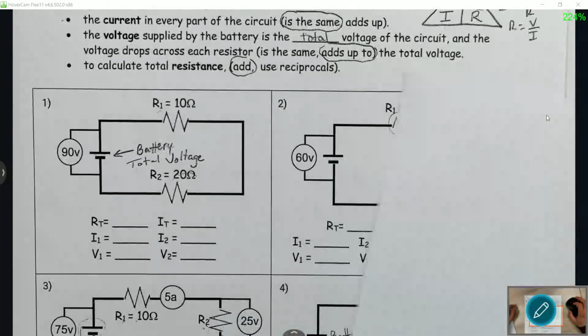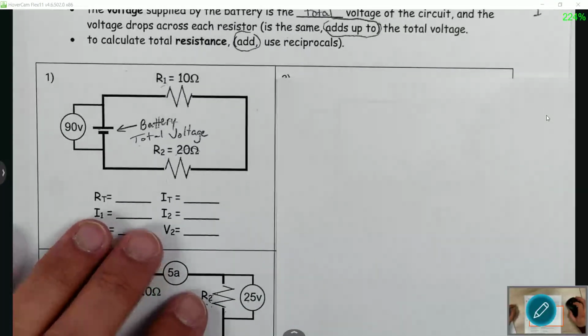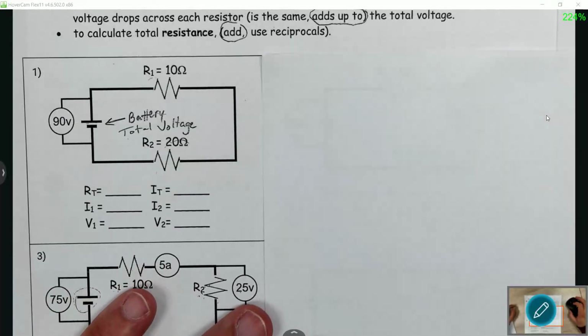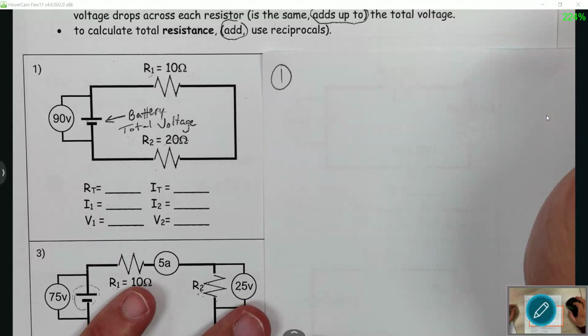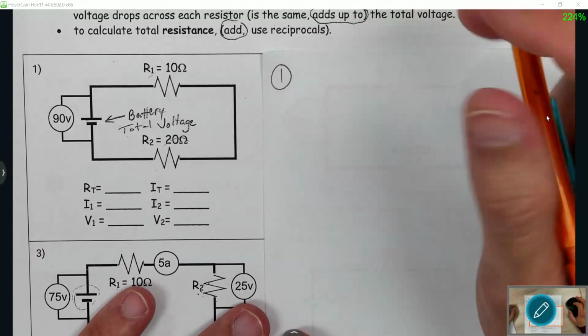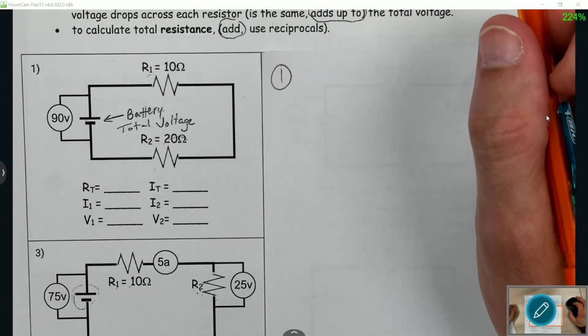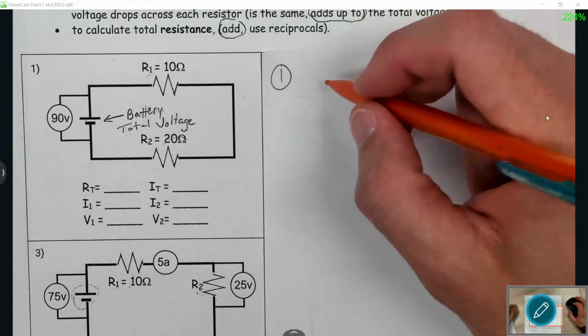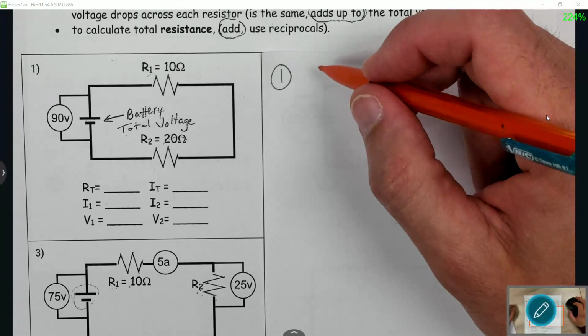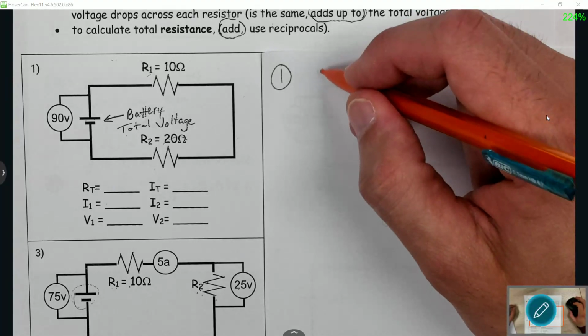So right now, we are going to complete the table, circuit 1. On your graph paper, you will do number 1, and we're going to make a VIR table for this. This is for the series circuits.